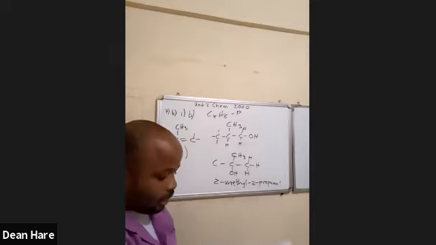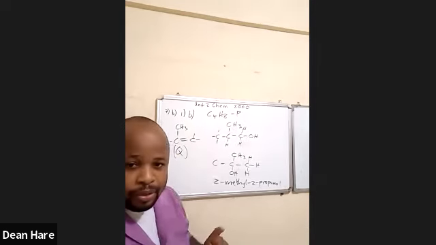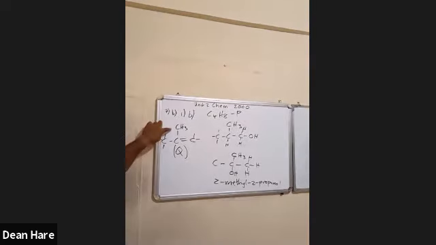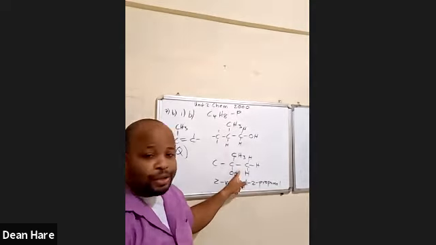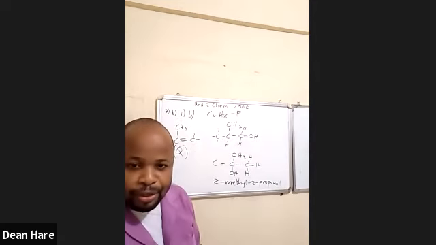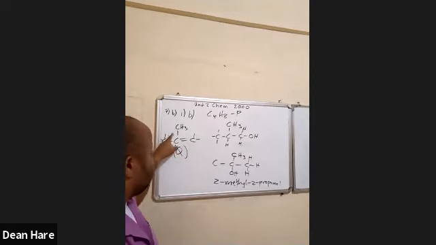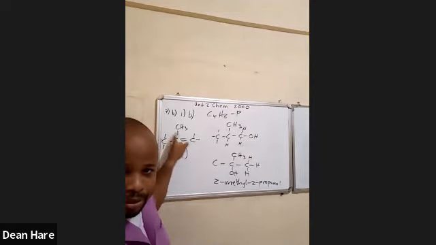Now the next question asks us for two reasons. The first reason, how we know that this is the structure for Q, is because one, we must get a tertiary alcohol. Two, for us to get a tertiary alcohol, it must be a branched alkene. So that is where we draw a branched structure.